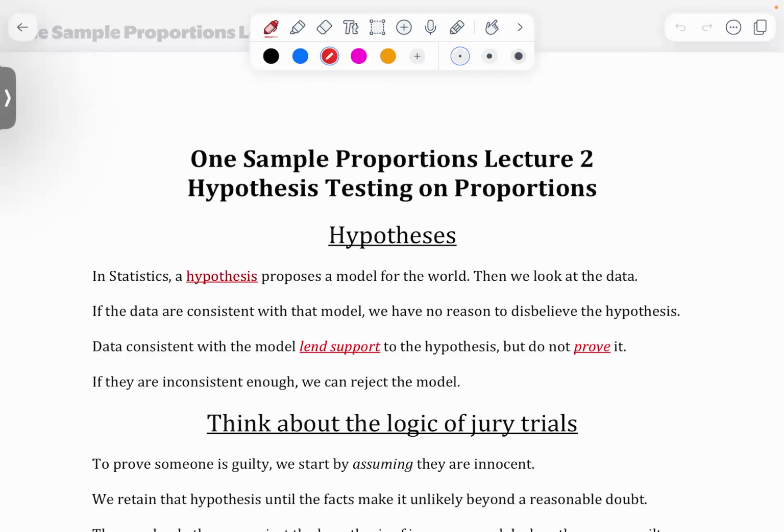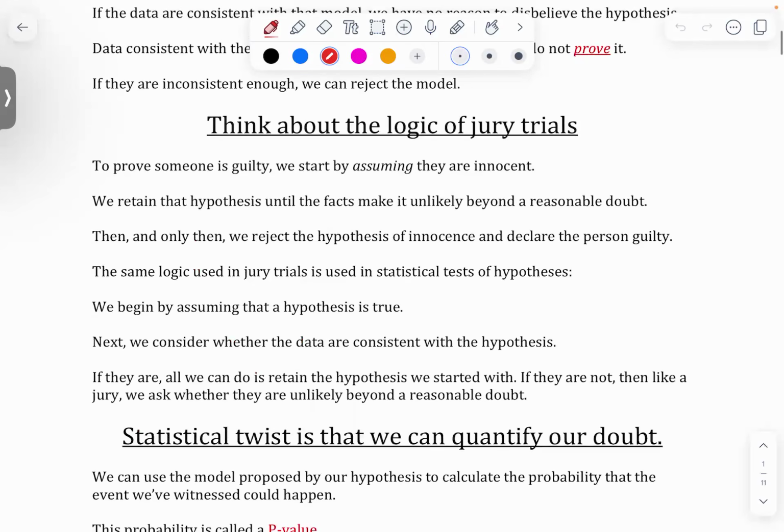Hypothesis testing is a stronger version of inference. Confidence intervals are good, but hypothesis testing is more about lending a larger amount of support versus just estimating. So we want to think about the logic of jury trials.